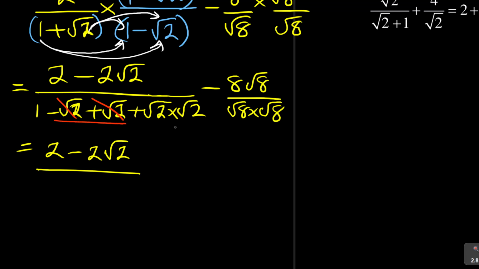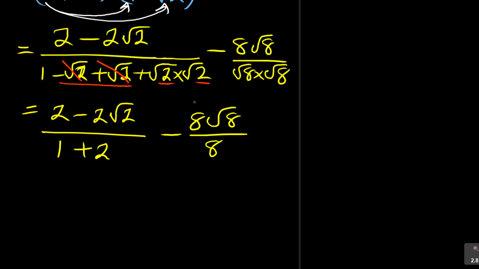Now square root of 2 times square root of 2, a square root times another square root of the same number, you get that number. So here I'm going to have 1 plus 2. You see, I have rationalized. There is no more a square root at the bottom. Minus 8 square root of 8 over, now square root of 8 times square root of 8, again it is that number. Are you with me of what I'm doing?